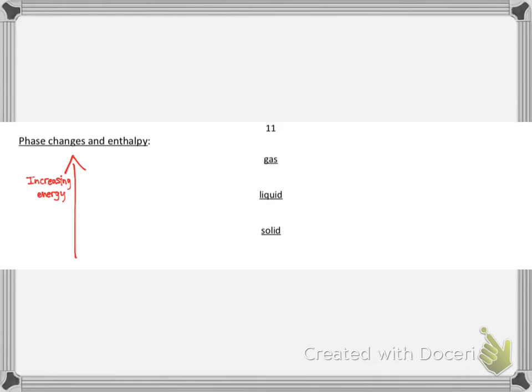So this means any time that you are going from a solid to a liquid, or a liquid is vaporizing to a gas, or a solid is subliming directly to a gas, in all of those cases you're going from a lower energy state of matter to a higher energy state, so you must be adding energy to the system. So all of these changes are endothermic phase changes.